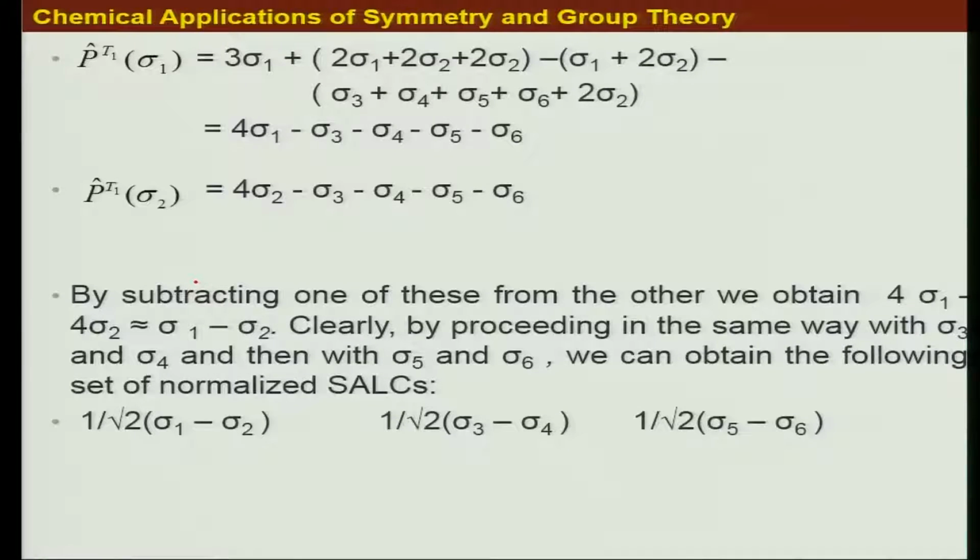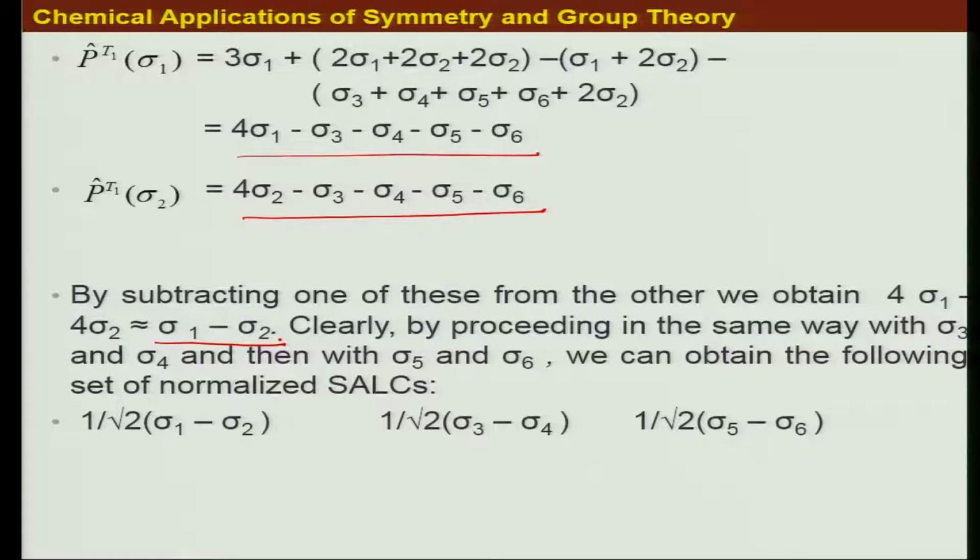So you first operate on sigma 1, which is one of the sigma bonds, the M-H bonds, and you get this to start with, and when you operate on sigma 2, you get another one. If you subtract one from another, what you get is sigma 1 minus sigma 2.